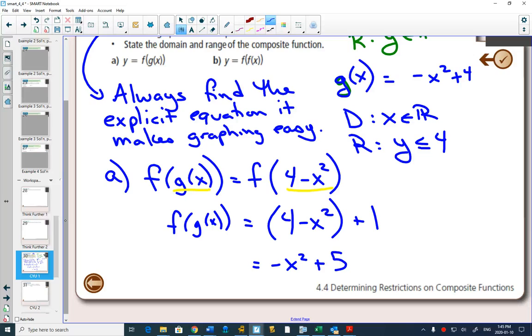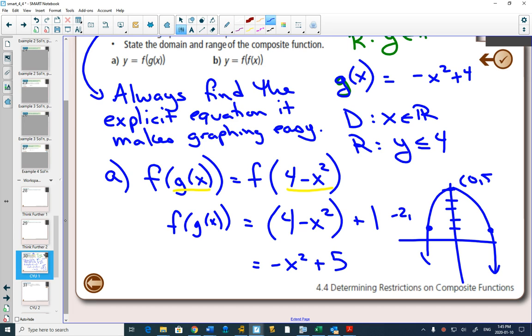How hard is that to graph? Well, that's a parabola with transformations. Reflection over the x-axis, shifted up 5 units. 1, 2, 3, 4, 5. 0, 5. Negative 2, 1. 2, 1.